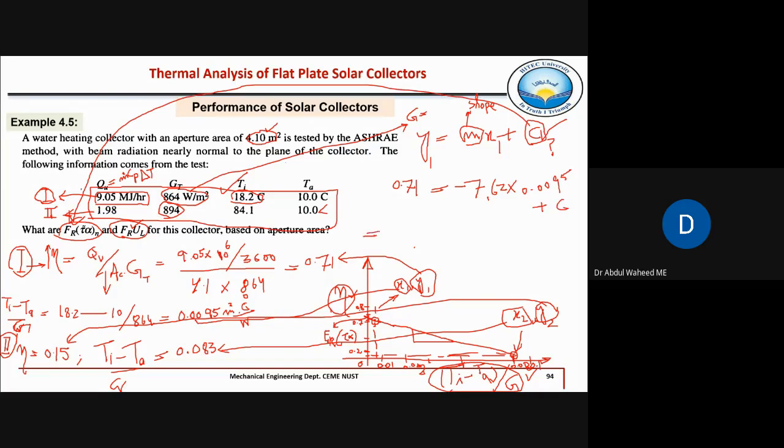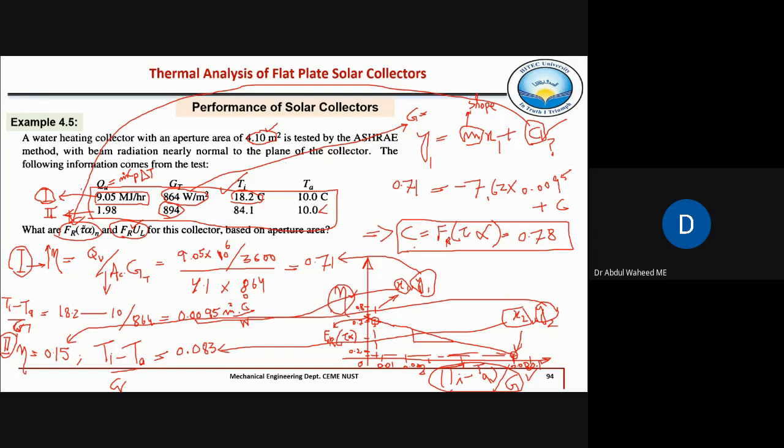So from here we can find this intercept, which is FR tau alpha. That comes out to be 0.78. Right.